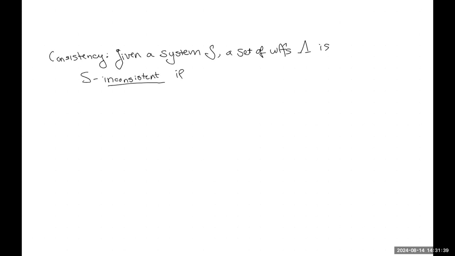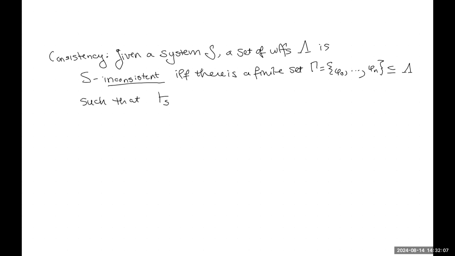If and only if there is a finite set gamma of formulas, and since it's finite, we can list them all explicitly, so from phi 0 all the way up to some finite number phi n, which is a subset of our original set of formulas lambda, such that in system S, you can prove that you can't have the conjunction of all of these.